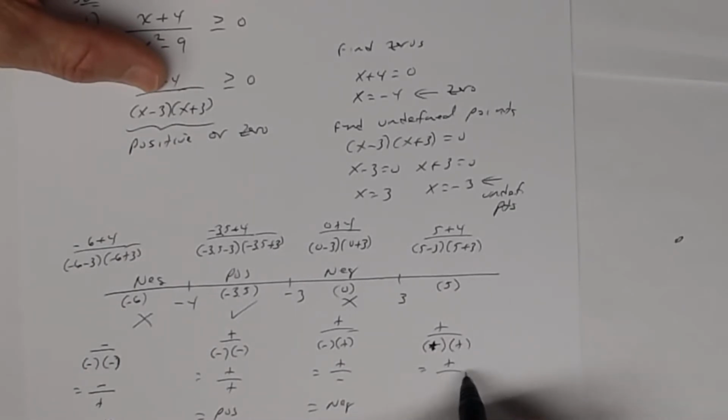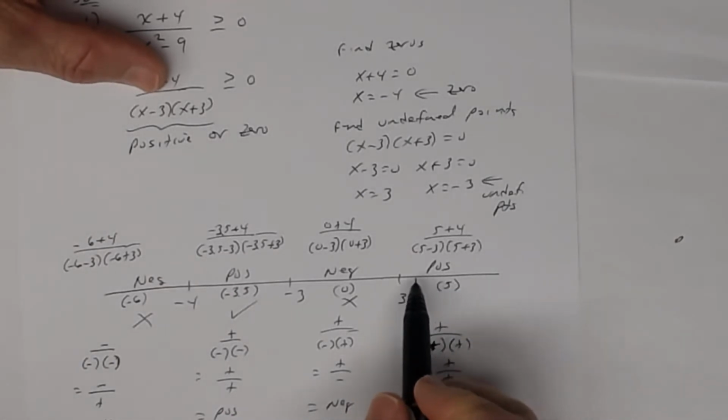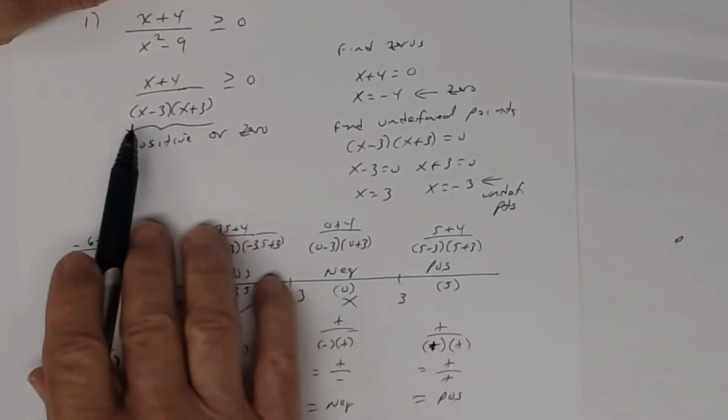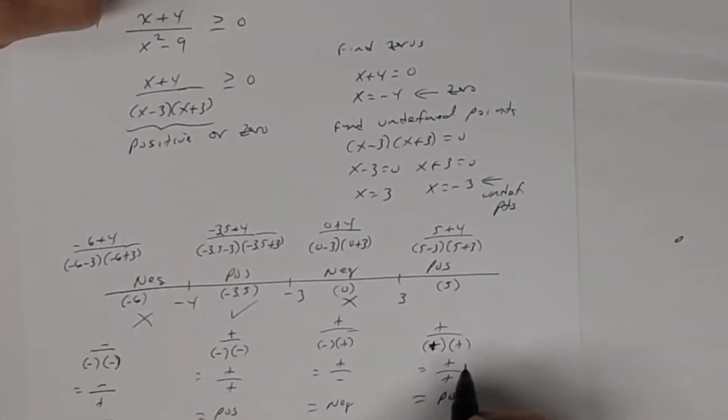So we have a positive divided by a positive times a positive, which is a positive number, and a positive number divided by a positive number is still a positive number. So it has to be positive. So any real number in this interval from 3 to infinity, or greater than 3 I should say, is going to make this rational expression a positive number, and that's something I want.